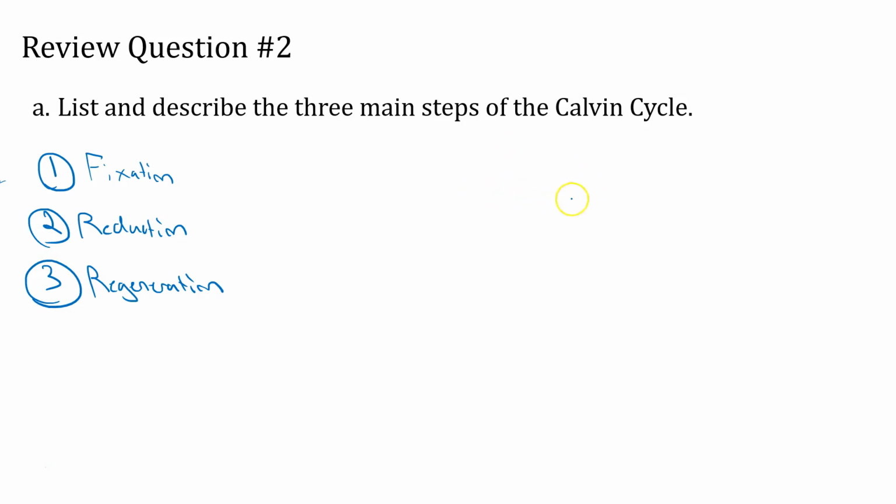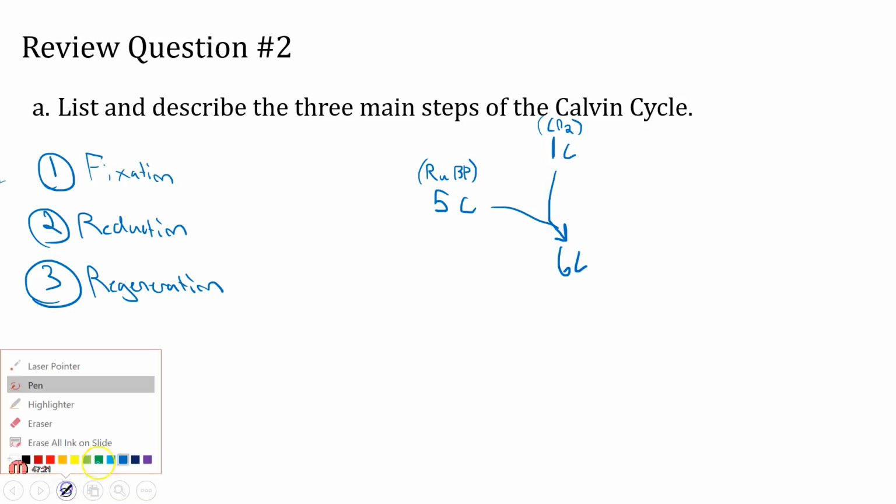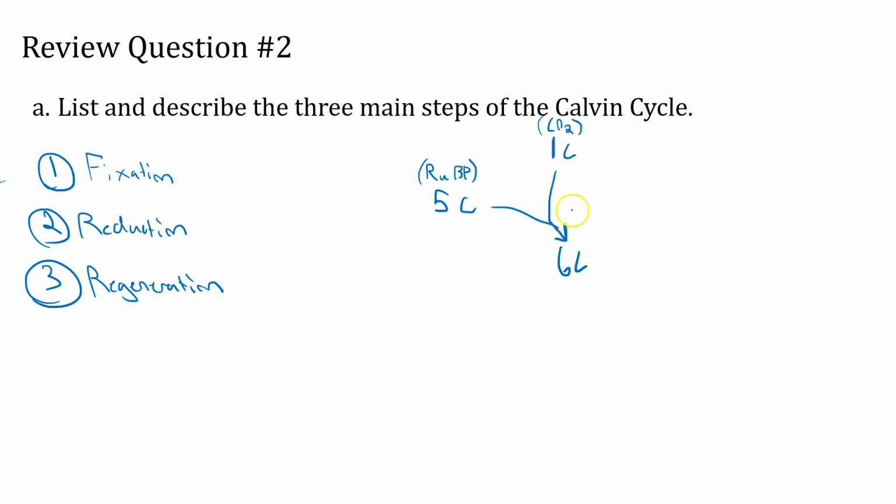In the fixation phase, you're taking a 5 carbon molecule, known as ribulose bisphosphate. You're adding a 1 carbon molecule, CO2, from the atmosphere, and you're combining these together to form a 6 carbon molecule. This is the first step, which we call fixation.